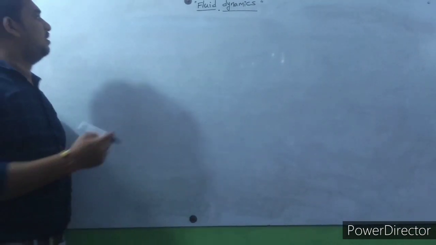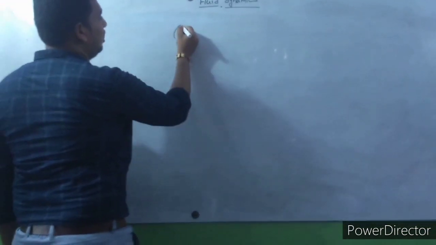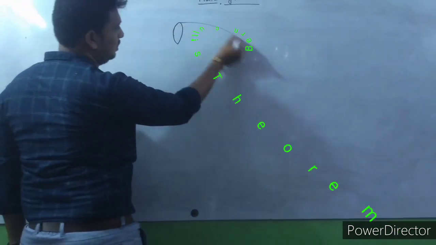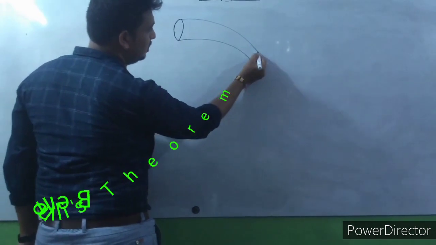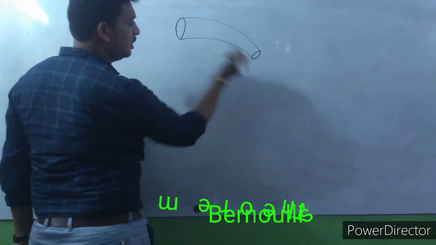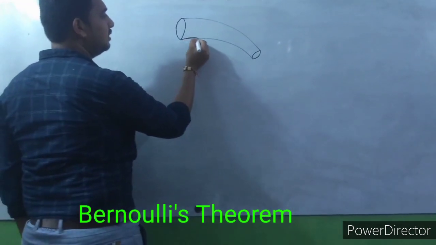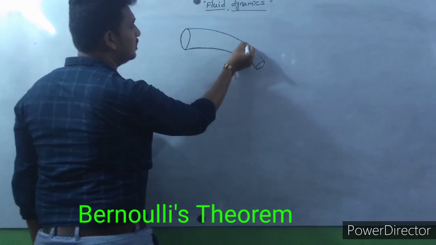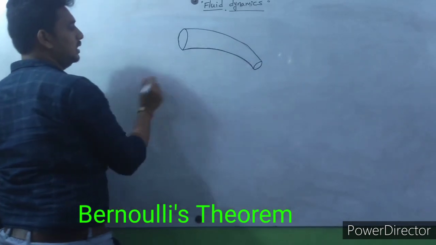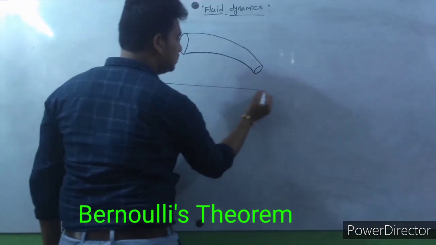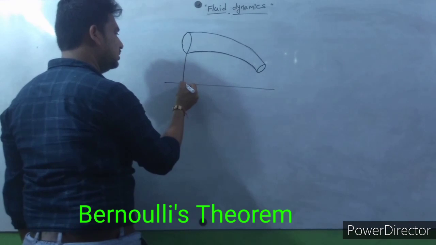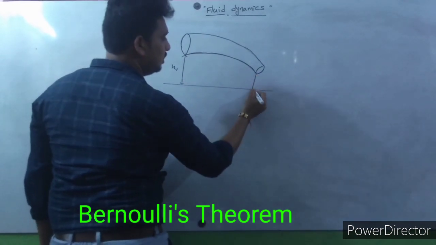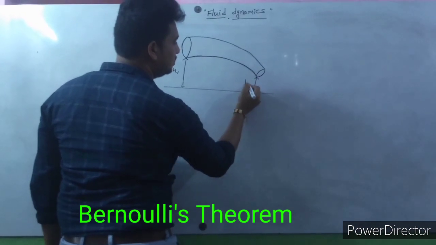Right, so let us consider one small diagram. Here I draw a small diagram. Here is the ground. For this end, the height is h1; for this end, the height is h2.